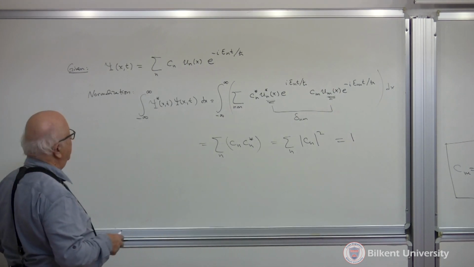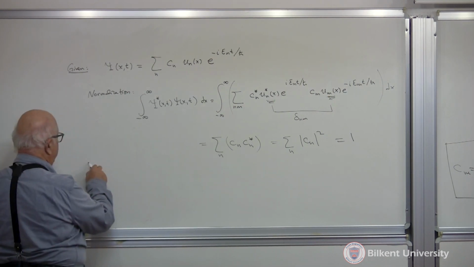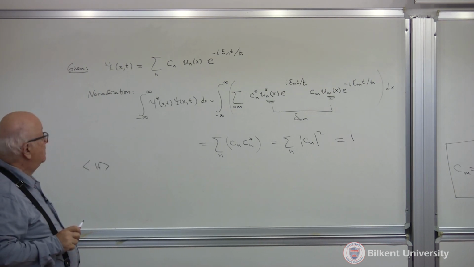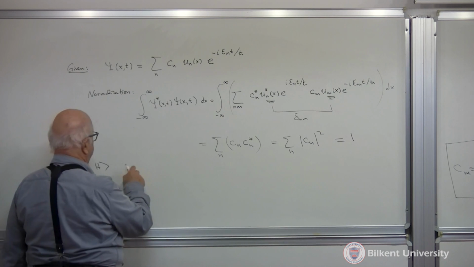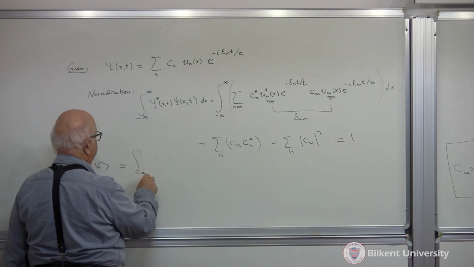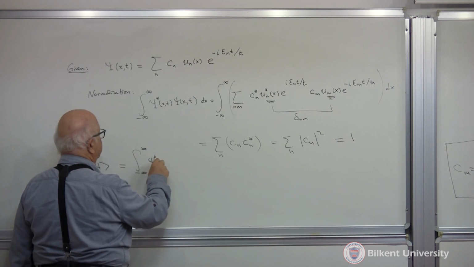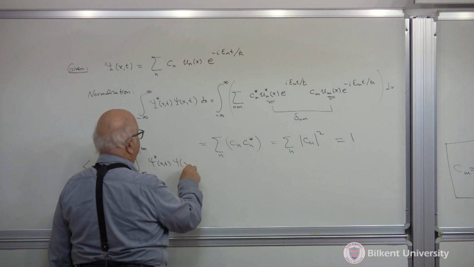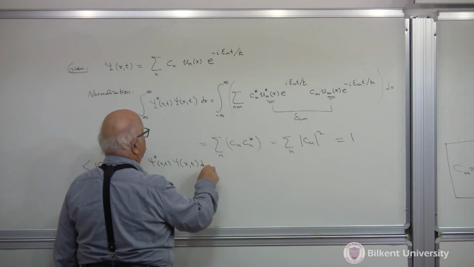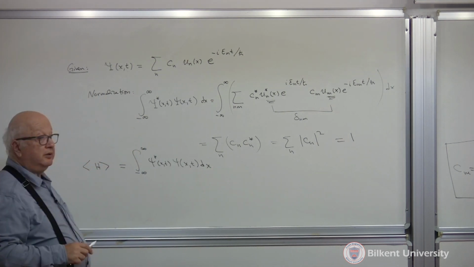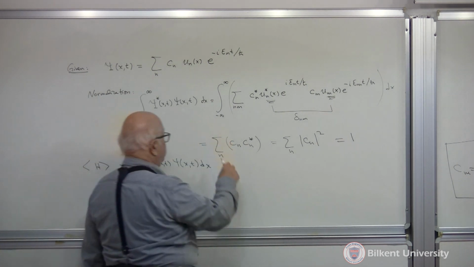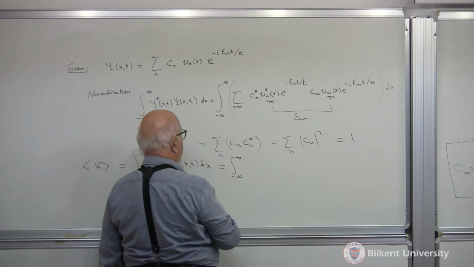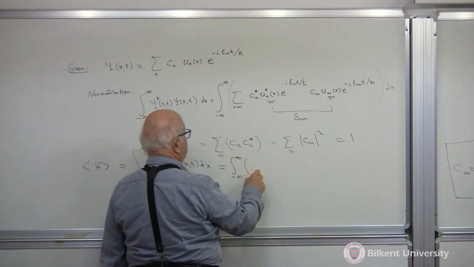Let's look at something else. Let's look at the average value of H. It's going to be the integral from minus infinity to infinity of ψ*(x,t) H ψ(x,t) dx. Same sort of stuff.